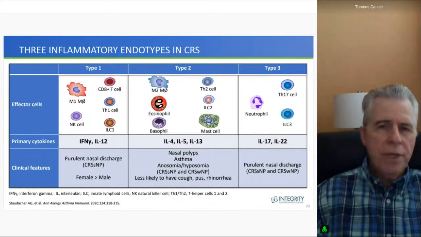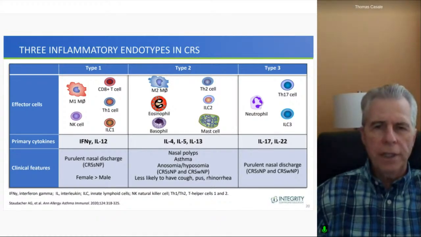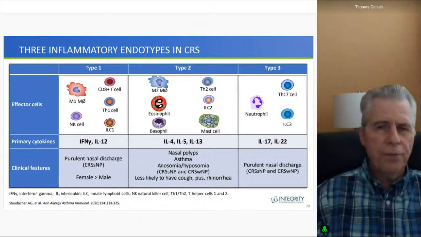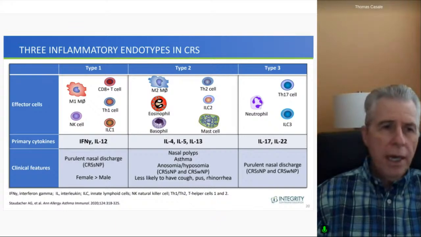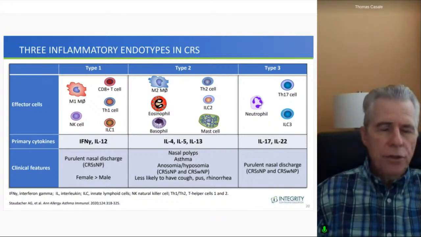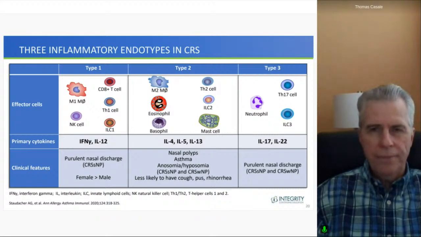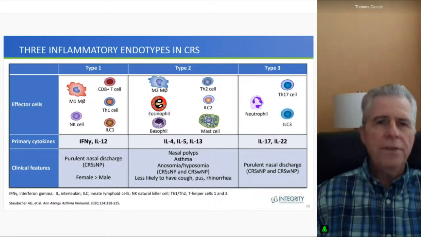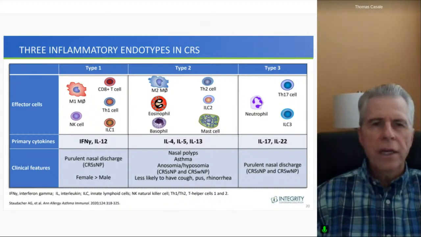And then the type 3 are those that are associated more with a neutrophilic inflammation. And these patients, therefore, would have involvement of Th17 cells, which produce IL-17, IL-22, and eventually neutrophilic chemotactic factors like interleukin-8. So these are three phenotypic characteristics of this disorder.